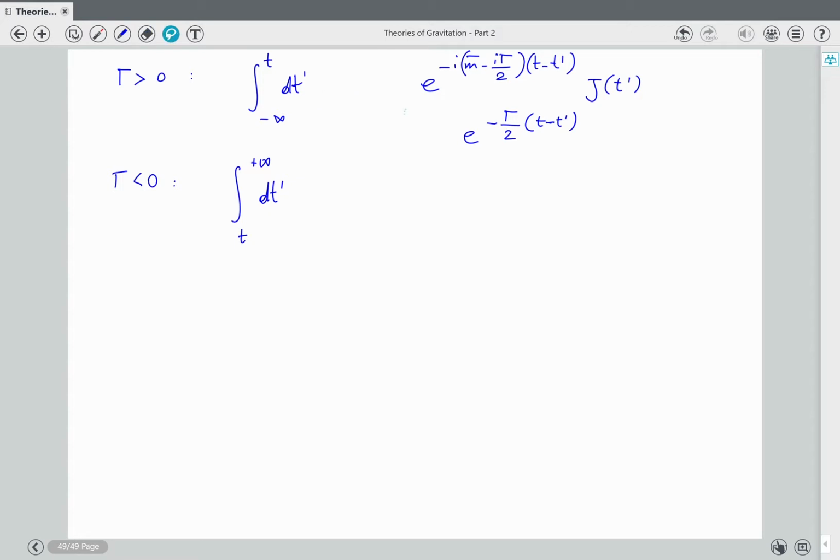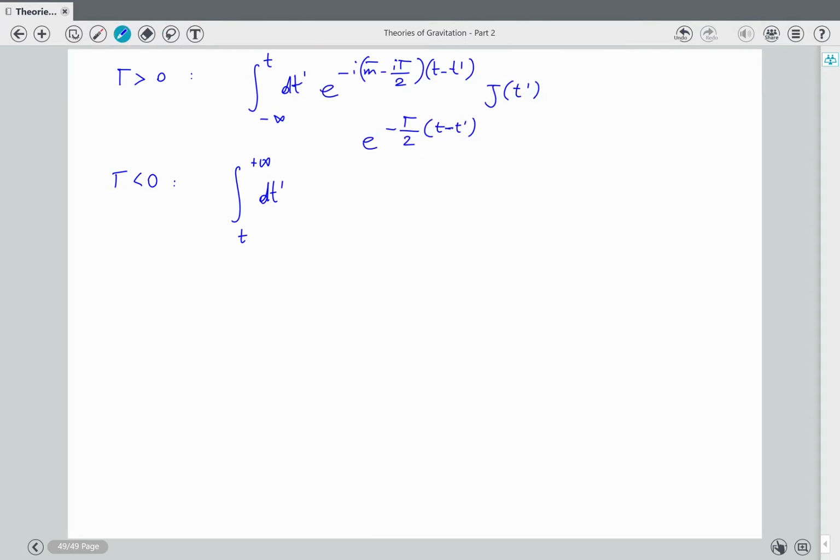In the other case, it is negative, so we just put a minus sign, which is irrelevant for our discussion, but we just put it. Let's separate the phase from minus gamma divided by 2 (t minus t prime) j(t prime). And we see that again, this is a damping factor because t prime is always larger than t.